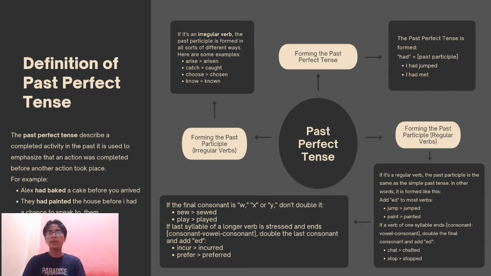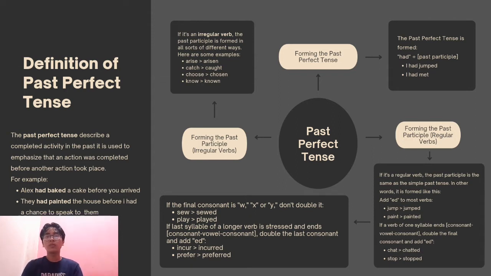If it's an irregular verb, the past participle is formed in all sorts of different ways. Here are some examples. Arise, arisen; catch, caught; choose, chosen; and know, known.